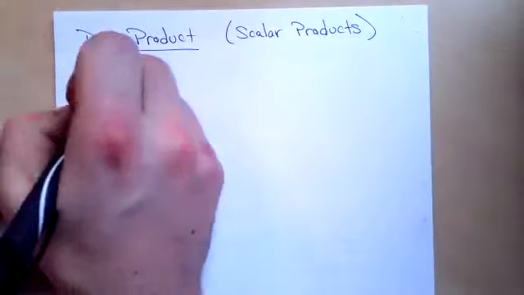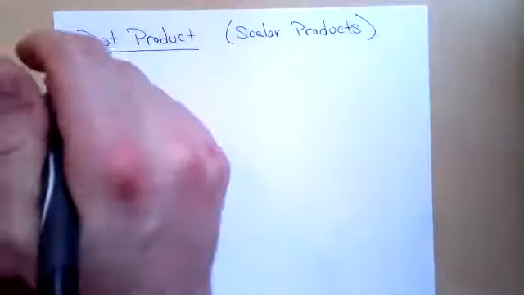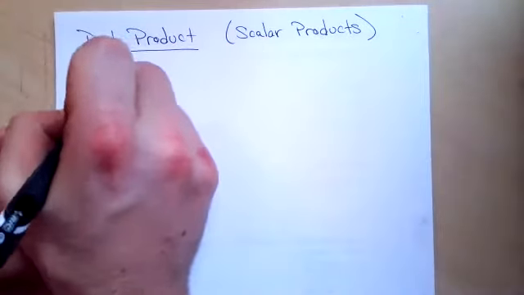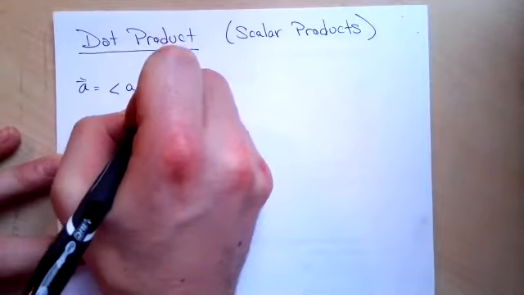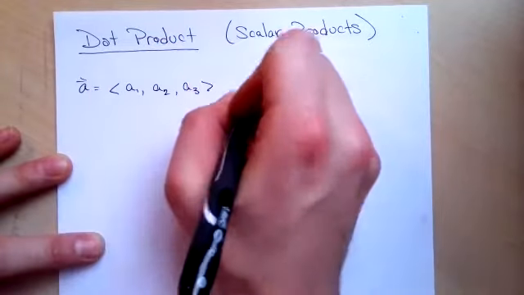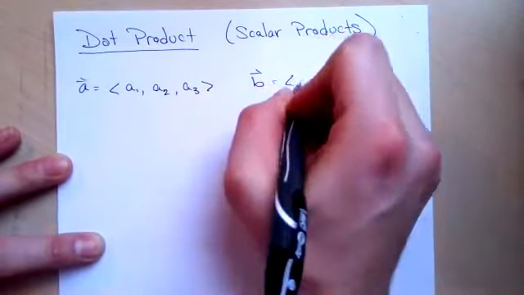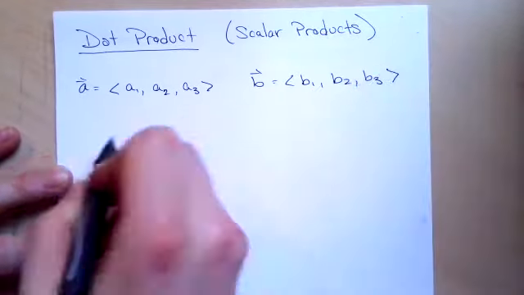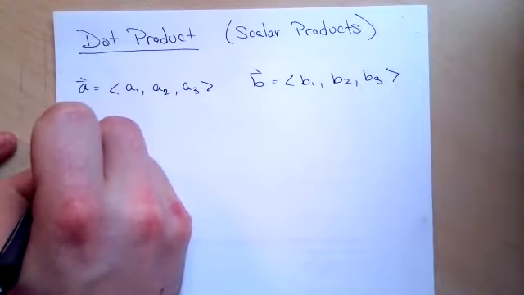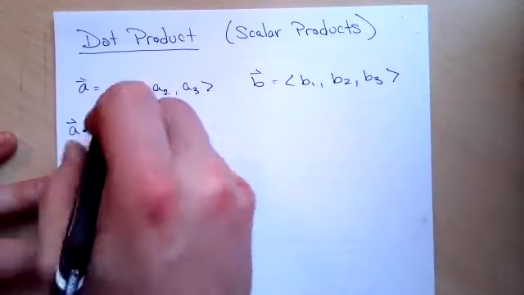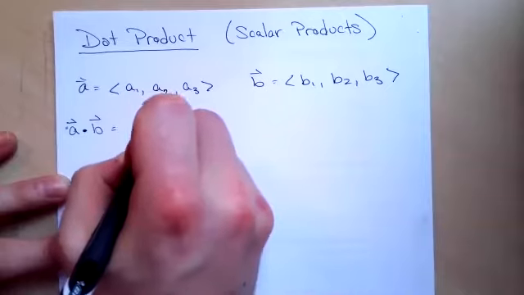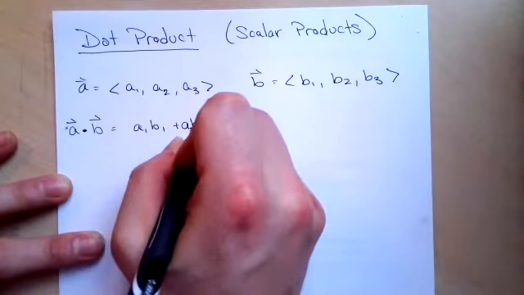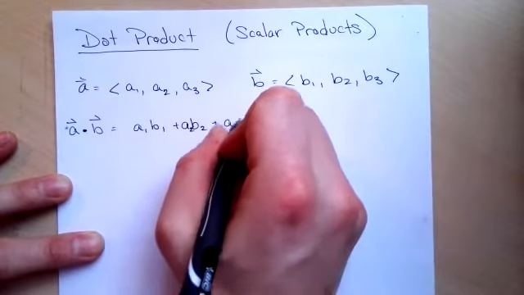So I'll go pretty quickly through the definitions, and for the sake of this, we're just going to work in three-dimensional space, in three space. So if we have two vectors, A with components A1, A2, and A3, and a vector B, components B1, B2, and B3, we defined the dot product as this sum here: A1 B1 plus A2 B2 plus A3 B3.